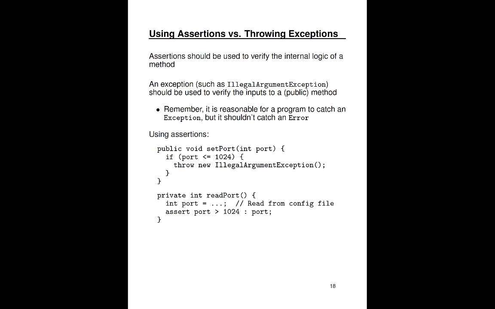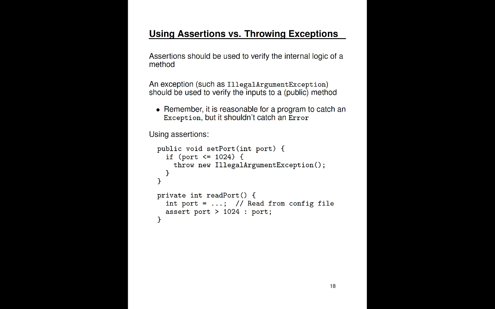You may be asking yourself, well, I've got exceptions to propagate errors, I've got assertions to check logic. When should I use each? Again, assertions should be used when you want to verify the internal logic of a method. The kind of little assumptions that we make every day as we write our code.